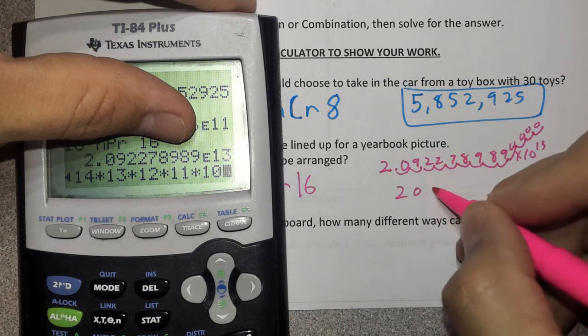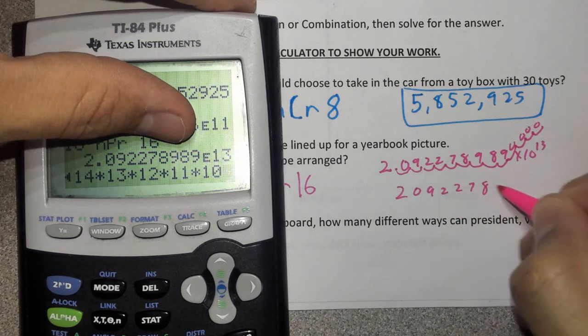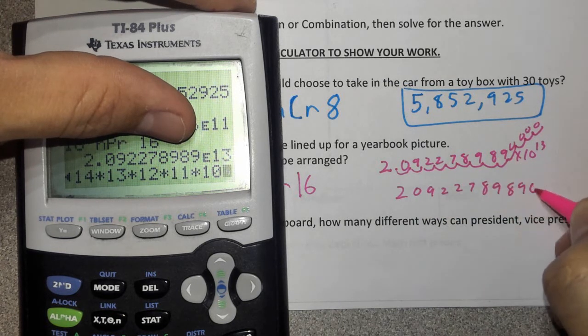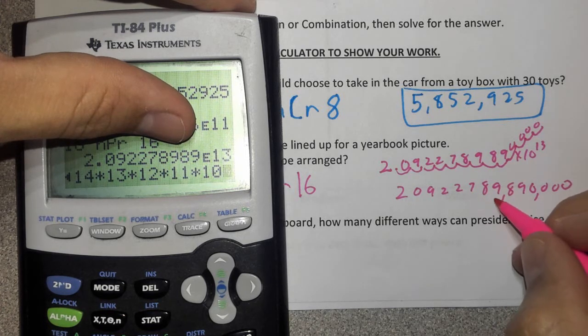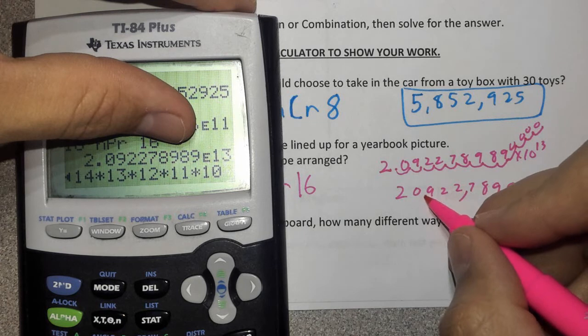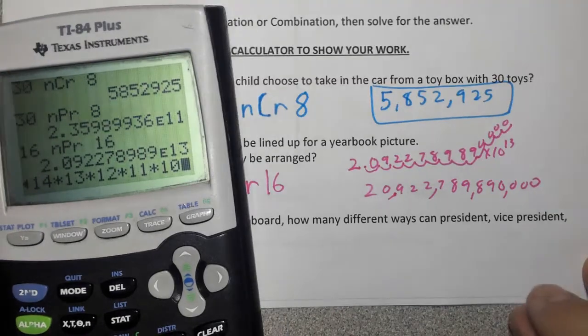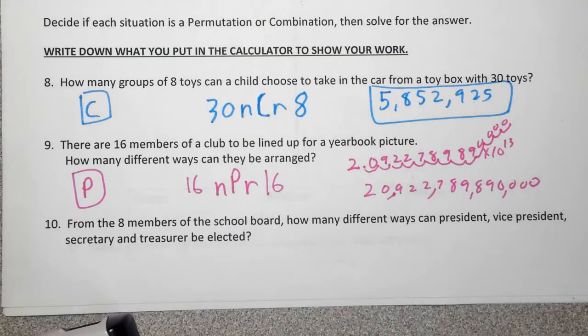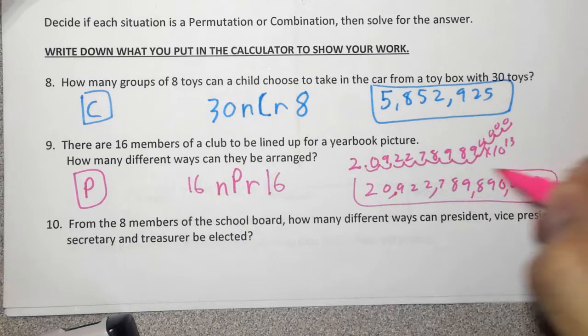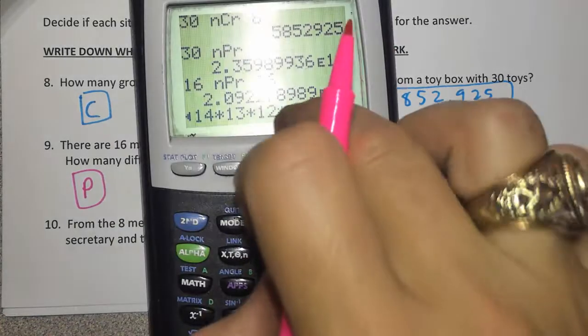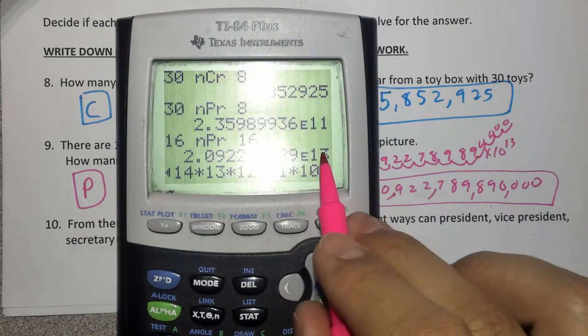So 2, 0, 9, 2, 2, 7, 8, 9, 8, 9, and then 4 zeros. So whatever that extremely large number is, that's how many different ways they could be arranged. Again, I don't think on the test that there are any scientific notation ones. You should just be able to write the answer, whatever's given here.